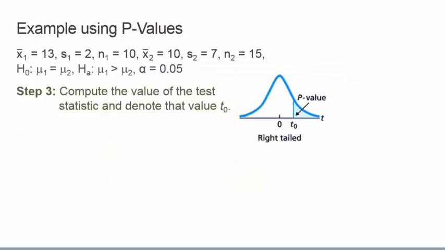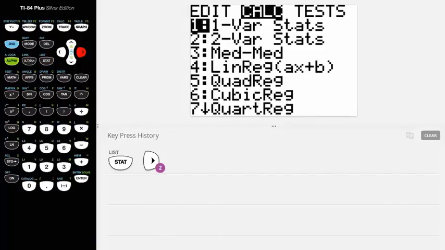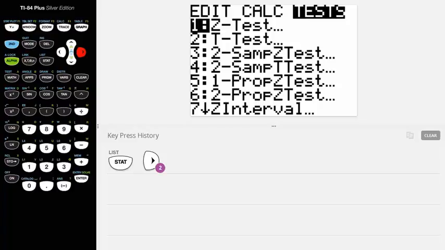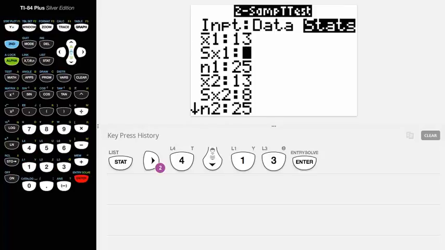Step 3, compute the value of the test statistic and denote that value t sub 0. We want to use our calculator to find this. Stat, over to tests. Number 4, 2-sample t-test. We want statistics. X bar sub 1 is 13. S sub 1 is 2.